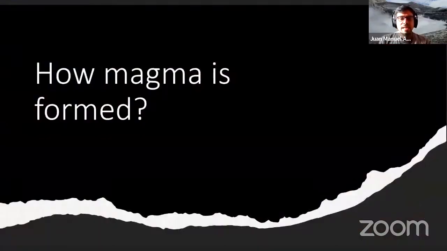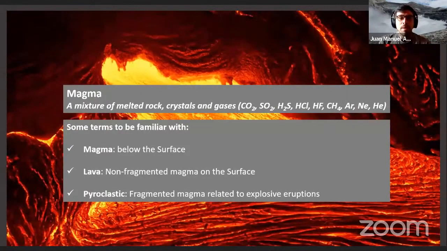Except for the outer core, there is no layer that is liquid and formed by magma, so we have to know how magma is formed. Magma is a mixture of melted rock, crystals, and gases. When it is below the surface, it is called just magma.